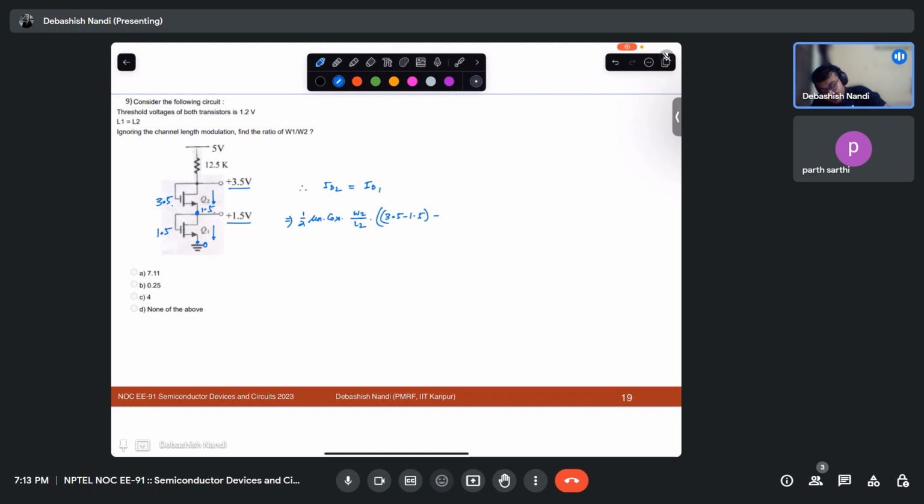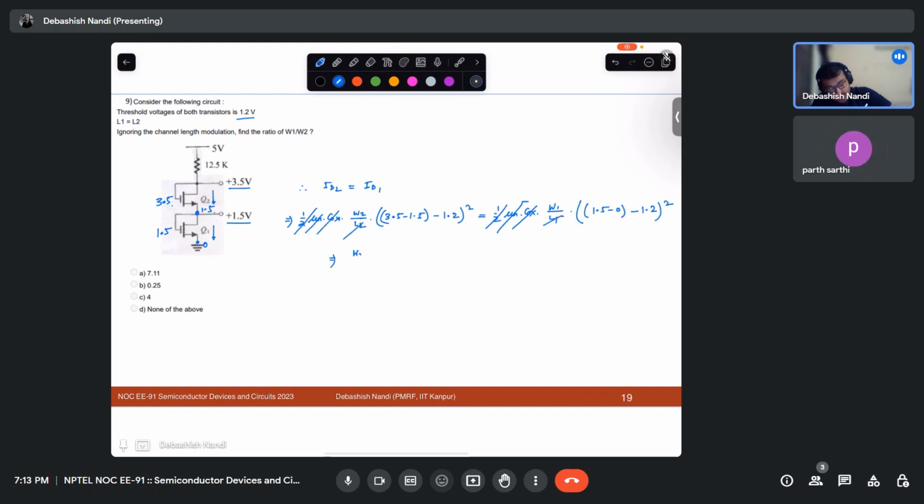VGS minus VTH is 1.2, whole square, is equal to half mu n Cox W1 by L1, and you will find here 1.5 minus 0 minus 1.2 whole square. This you can cancel, L1 and L2 are the same.